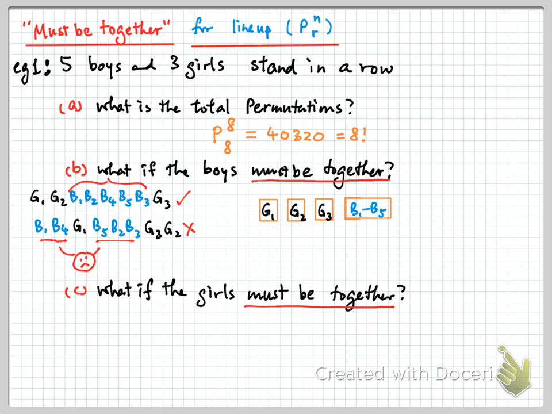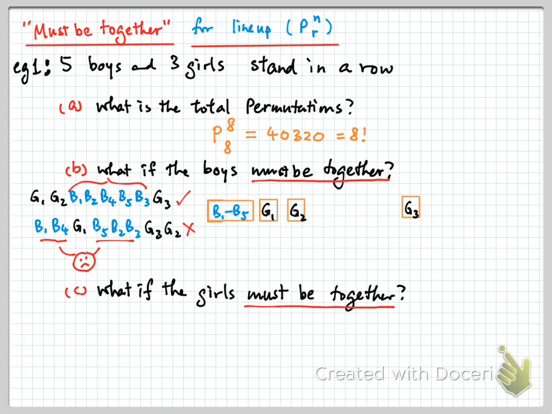So it becomes a 2-stage permutation. In the first stage, you permute these boxes. Now because I put all the boys into one box, no matter how you do this permutation, the boys will always be in the same box. So you can rearrange the order. You can put G3 behind it, you can put the boys in front, whatever, right?